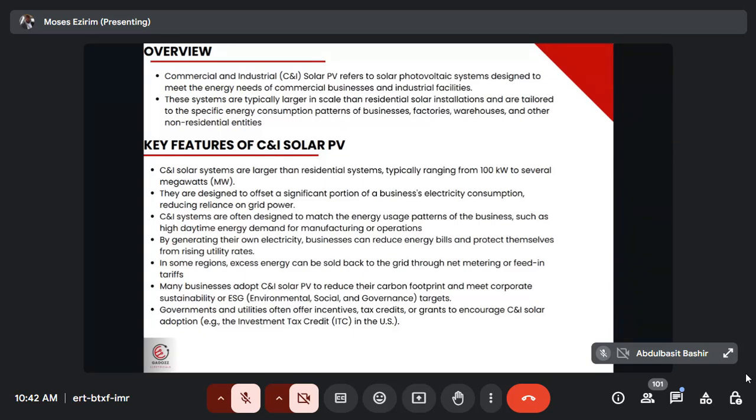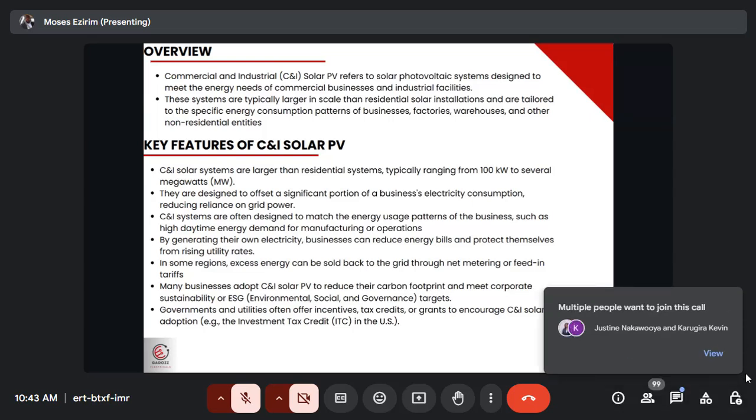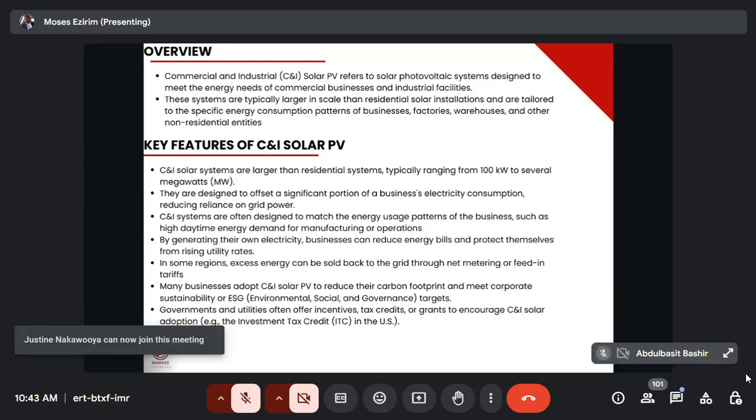They want to reduce the carbon footprint. And that is the reason why, even without you going to a particular business facility to solarize it, they are the ones coming to you. So business development is now more relaxed, because businesses are coming to you. They are hot cake now.